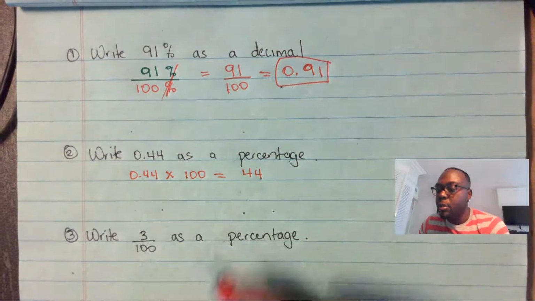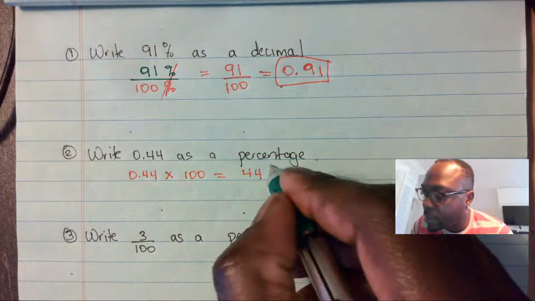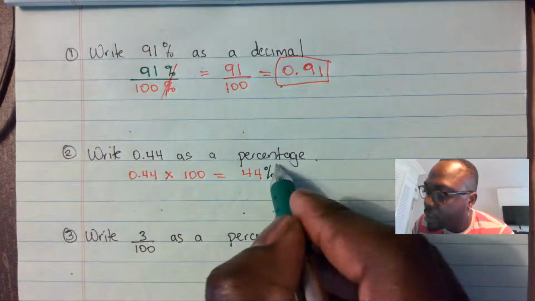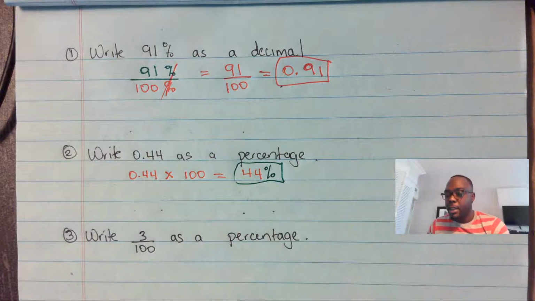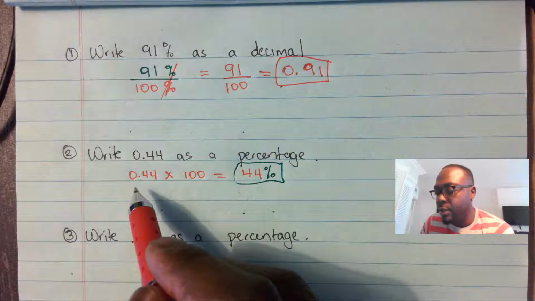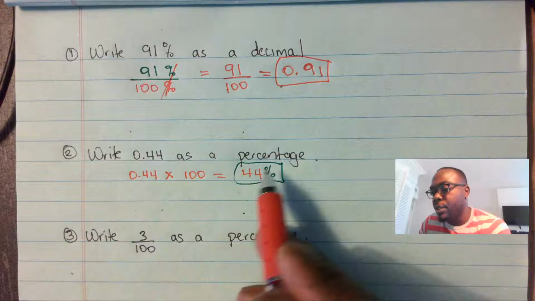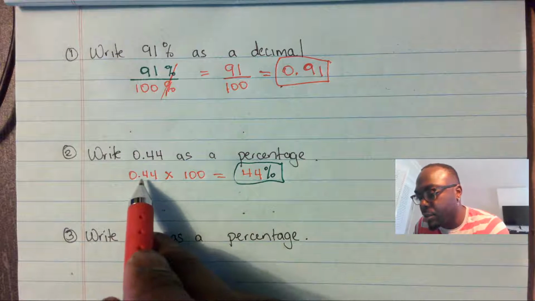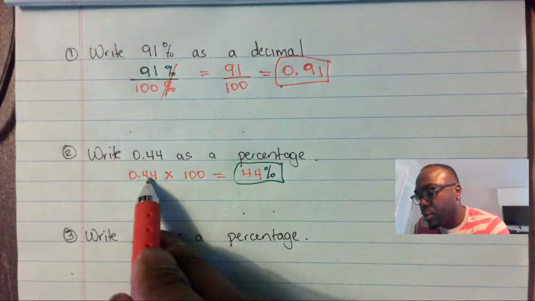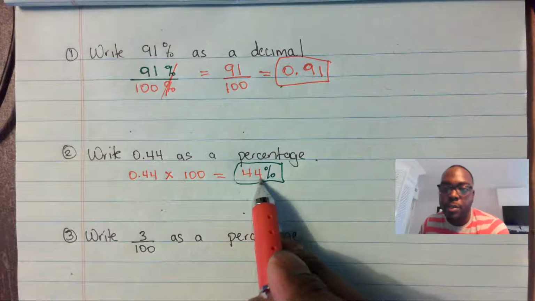Once it gives me 44, the next thing I'm going to do is add my percent sign. So it is 44%. If you remember back in 7th or 8th grade, they tell you whenever you're changing from a decimal to a percentage, you simply move your decimal two places. So you go 1, 2, which would still be 44%.